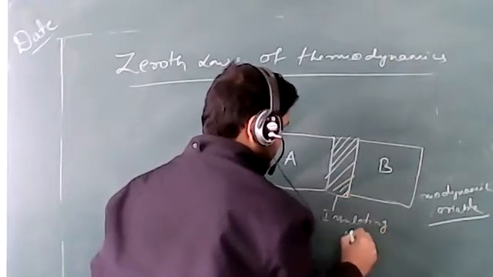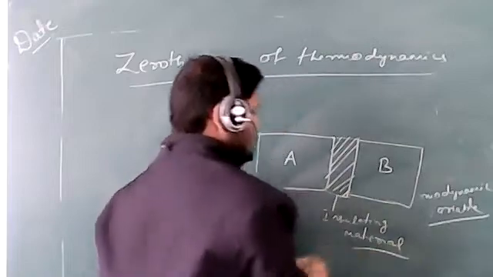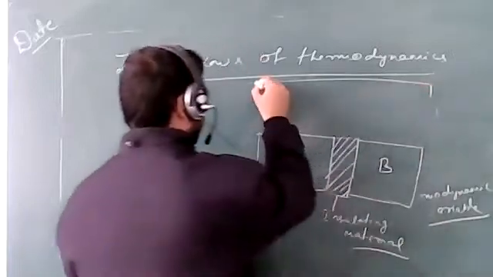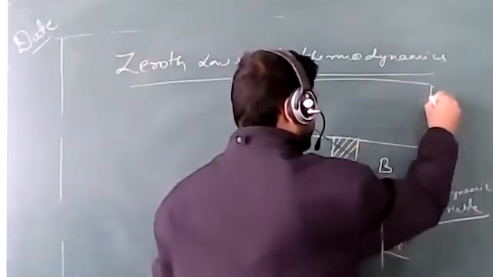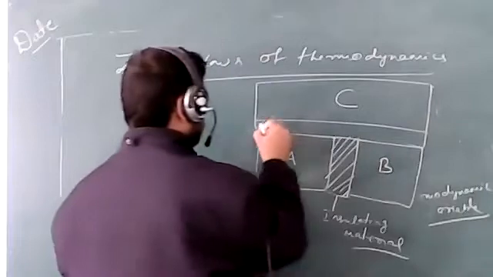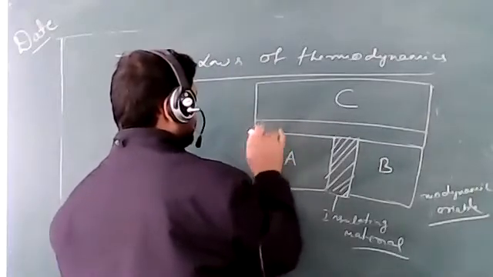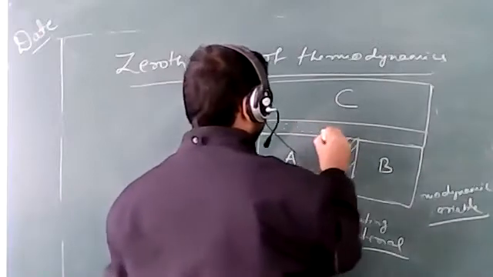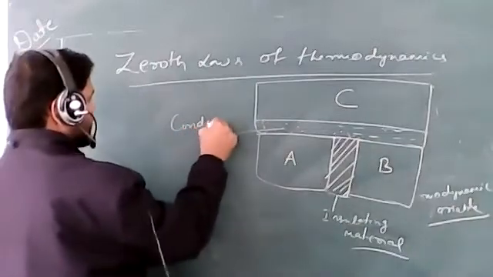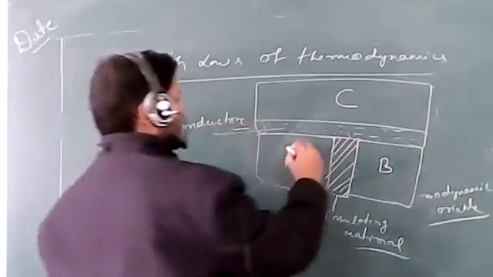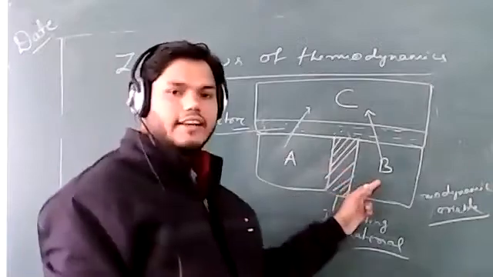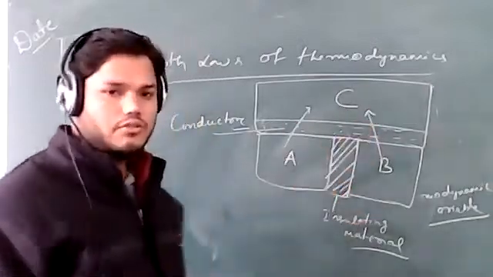These two systems are connected with a third system, system number C, and in between there is a conductor. Conductor means the heat can flow from system A to system C, and the heat can flow from system B to system C also. Okay.